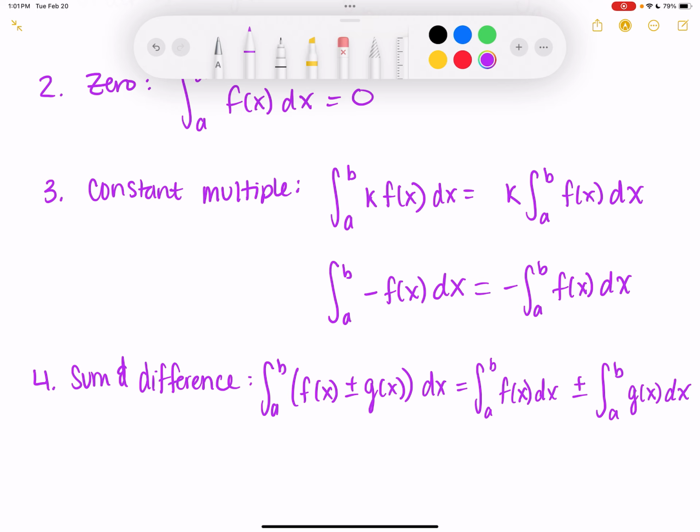So it's just saying if you have 2 functions being added or subtracted, we can split them and do each of them individually instead of trying to do it all as one giant thing and you get the same answer.